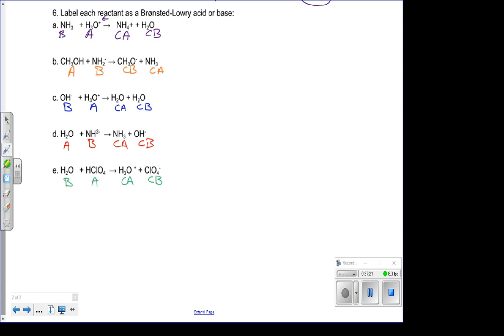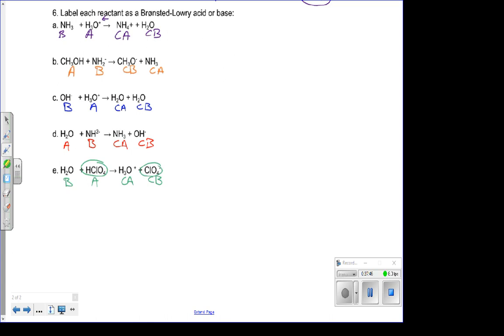Questions about that? What do I look for when it comes to the acids and bases? Again, under this theory, the acid is going to lose a hydrogen. So you're looking for the thing that has a hydrogen on this side and either no hydrogen or one fewer hydrogens on the other side.